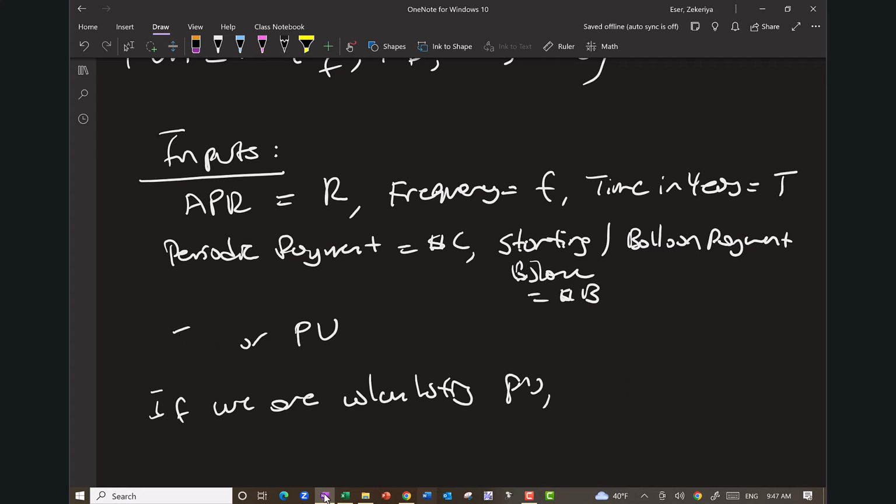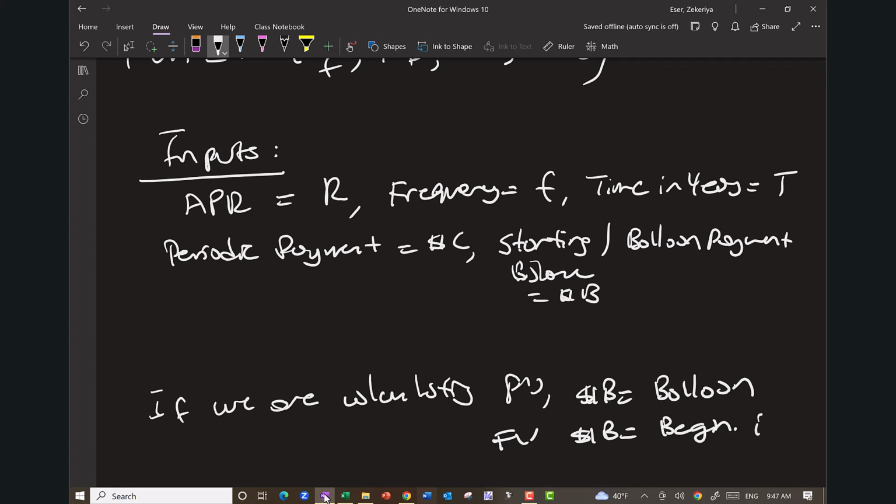Actually, these are not any of the inputs because I have the payments. If you're calculating PV, $B is balloon, FV, $B is begin balance. Right?